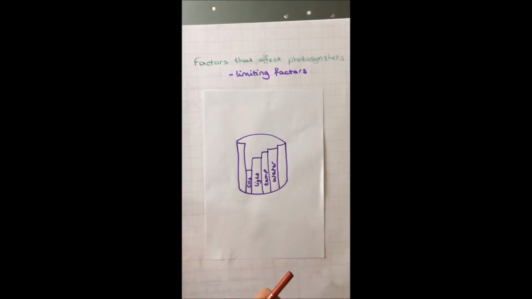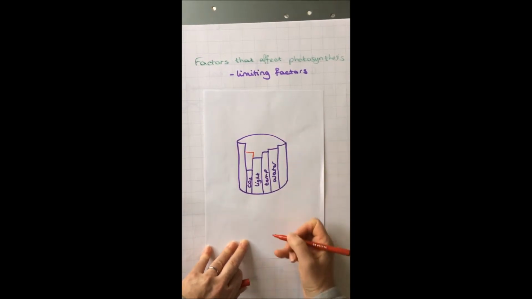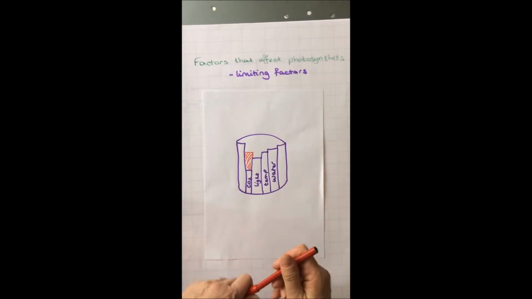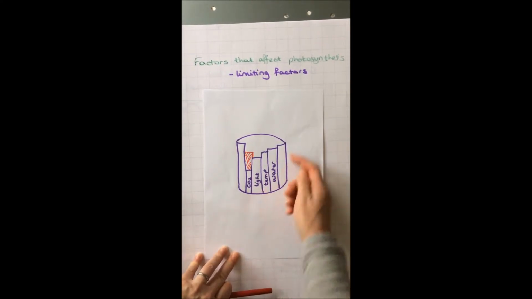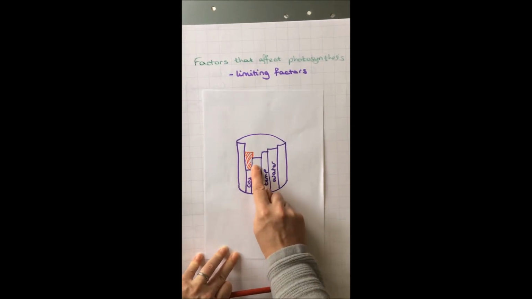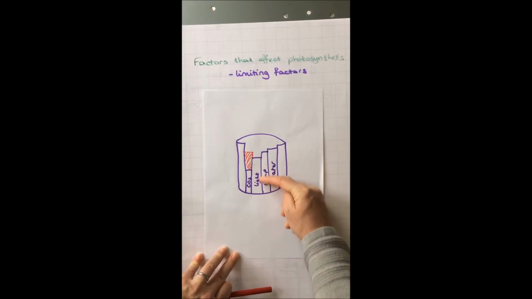If I then were in a situation where I was able to provide more carbon dioxide, now light is my limiting factor because I put water in here. Now I can raise my rate up to that point, and light is the thing now that I can't go beyond. So light is my limiting factor.